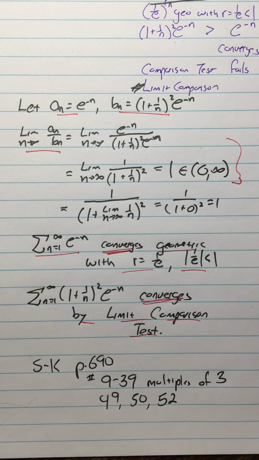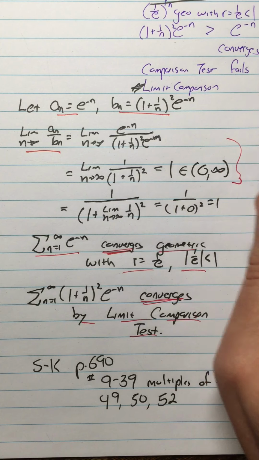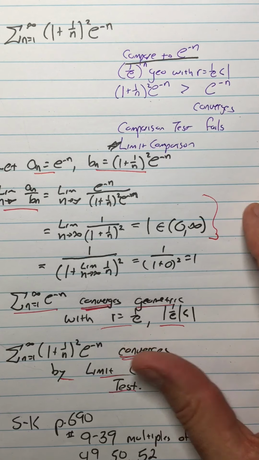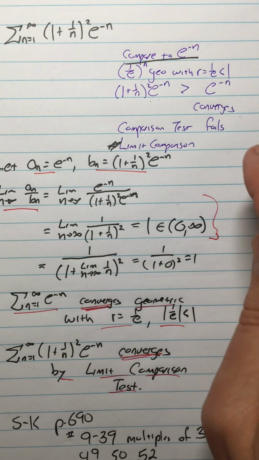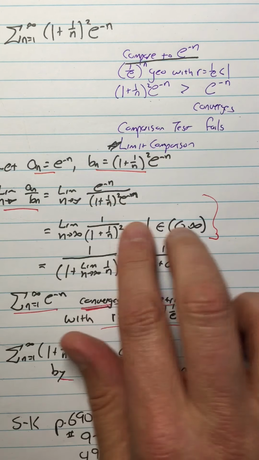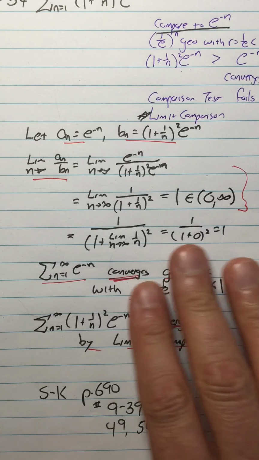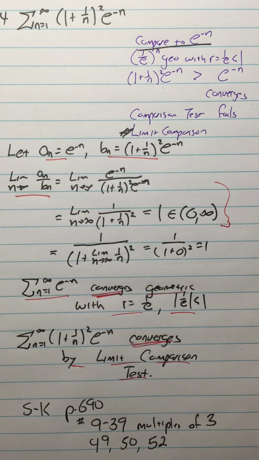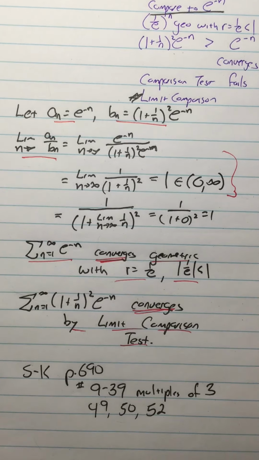So your first instinct should be, can you use the regular comparison test? If you cannot, then you must use limit comparison. And of course, if the limit comparison test doesn't work, then we might have to look at something else. But we hope that the limit comparison test works. But we are going to learn more tricks.